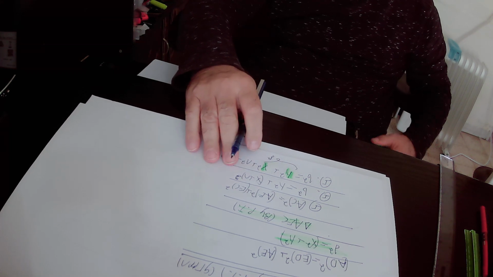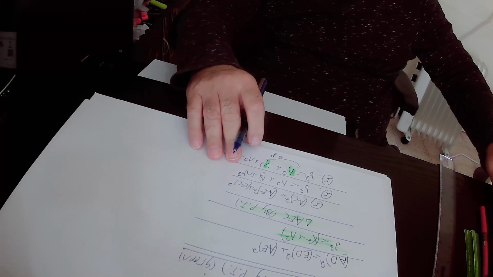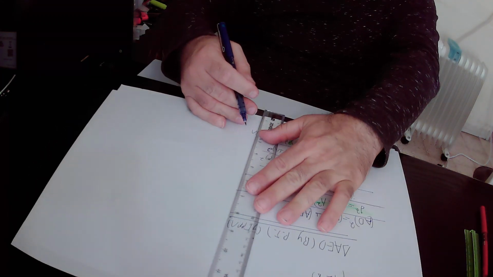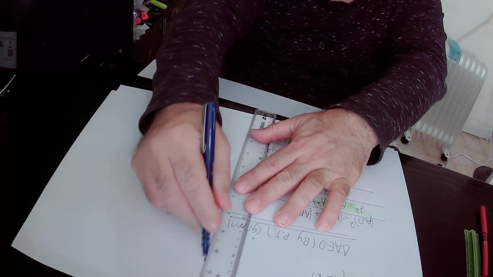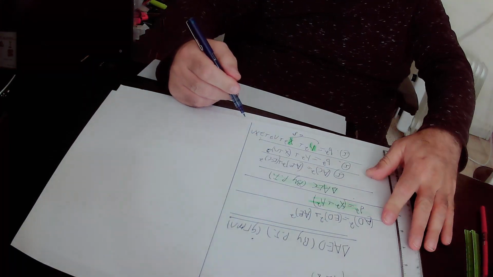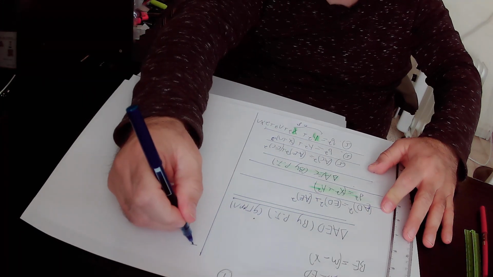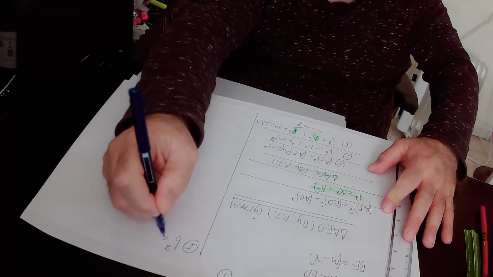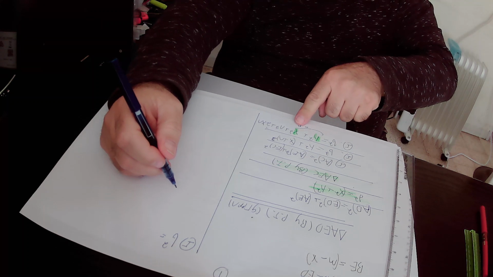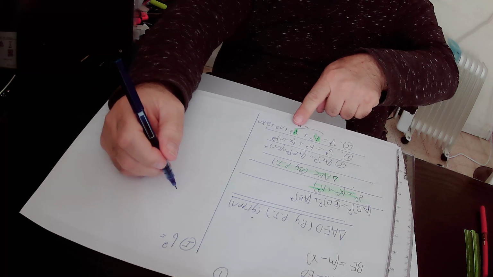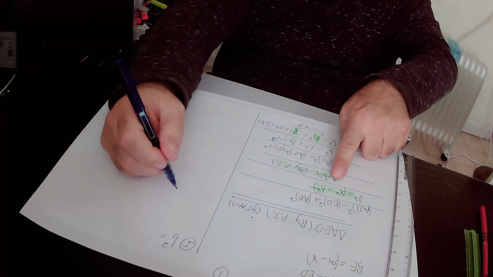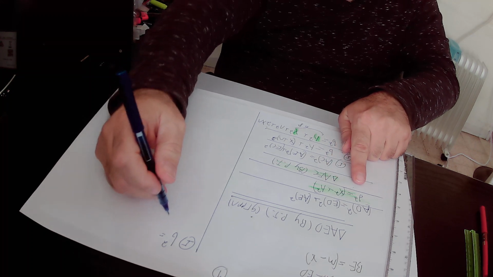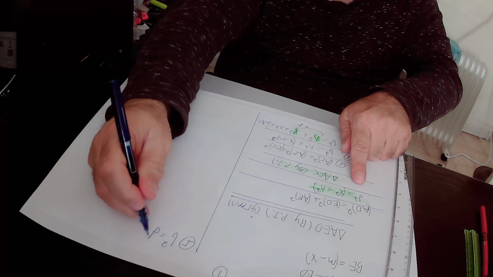So we do it now and we'll get that according to equation number 1, b squared equals h squared plus x squared, plus n squared plus 2 times x times n. We already found out that h squared plus x squared equals d squared, so we substitute h squared plus x squared by d squared.